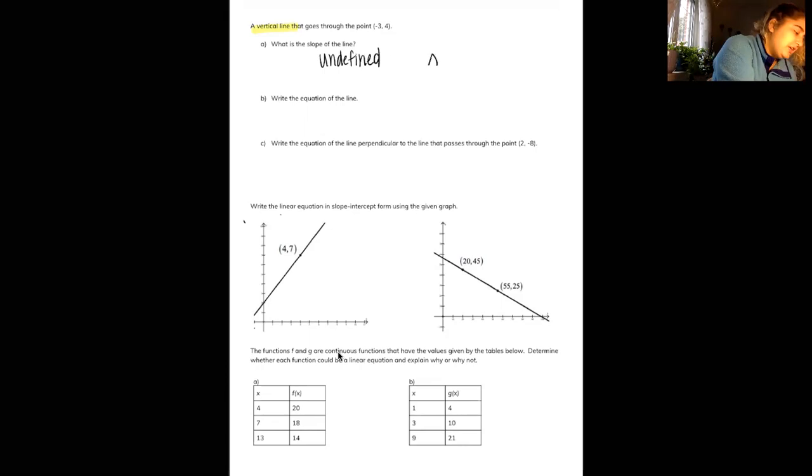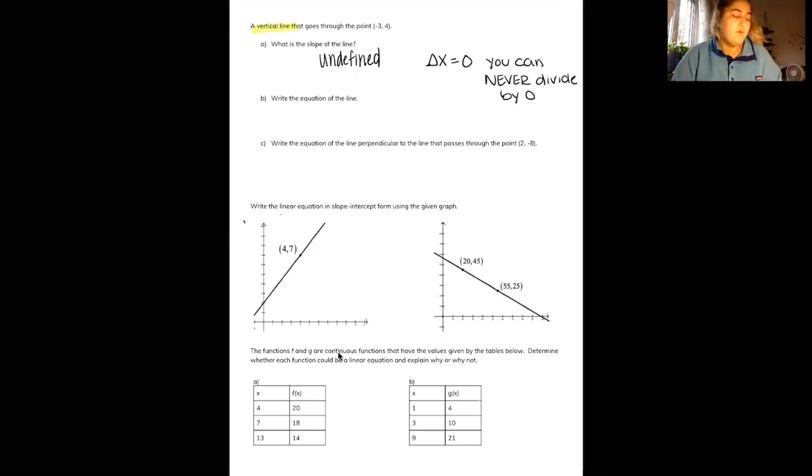Because our change in x is going to be 0, and you can never divide by 0. Okay, so whenever we have a vertical line, because the change in x is always 0, right? It's going to be written as x equals, so in this case, x equals -3, right? Because the -3 represents our x value.